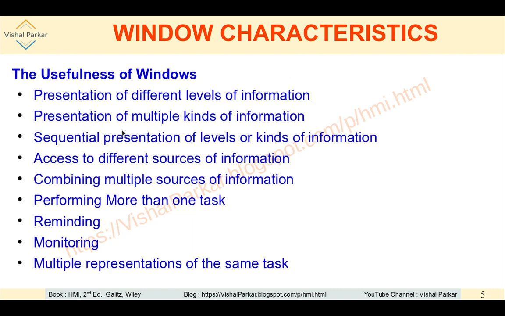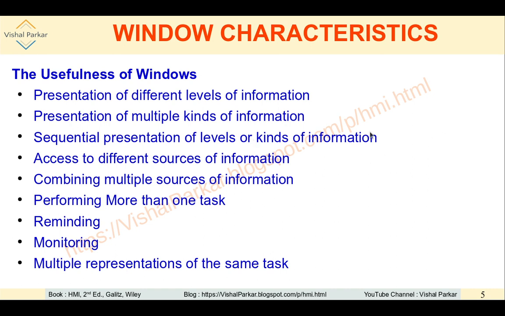Now the applications or usefulness of Windows, why it is used. First is presentation of different levels of information. Now the information can be presented in an increasing level of details. So for example, there may be a table of content which is given first.